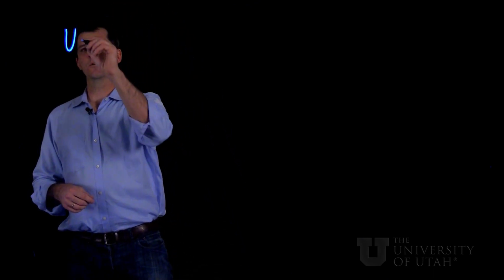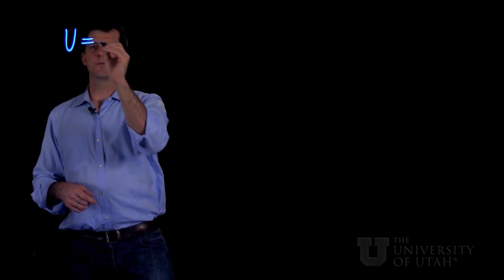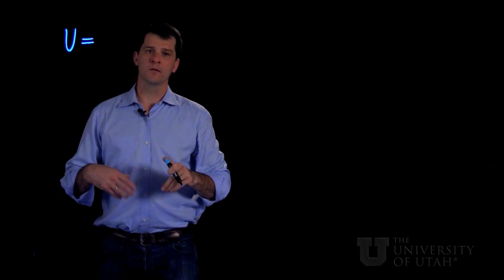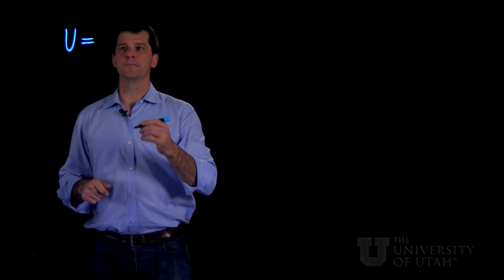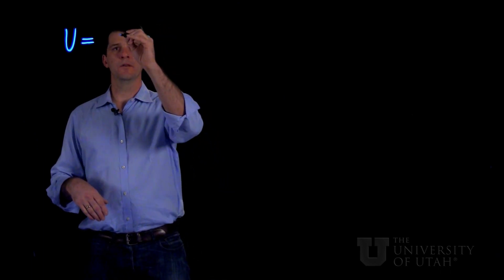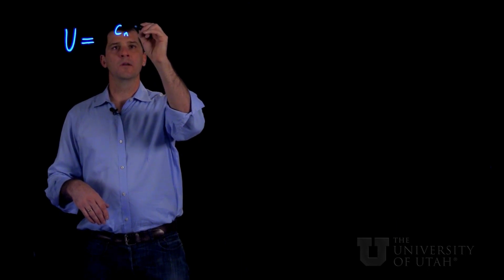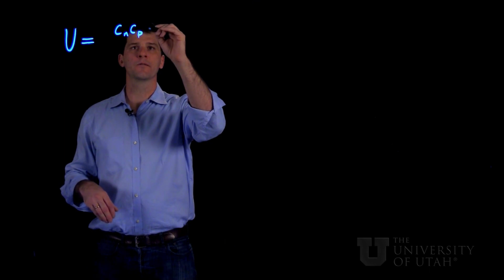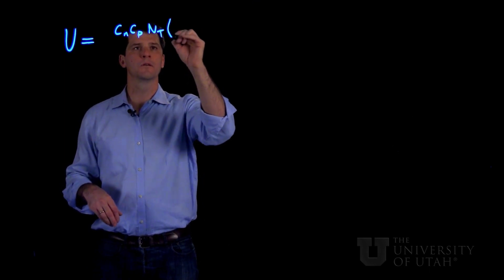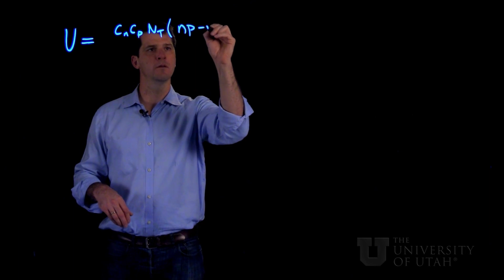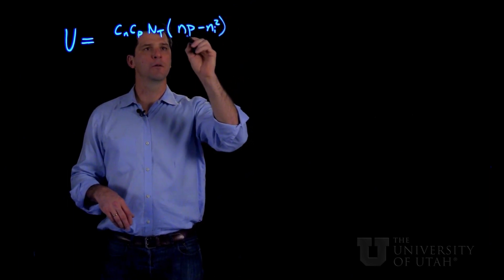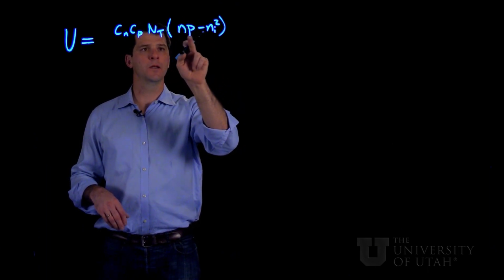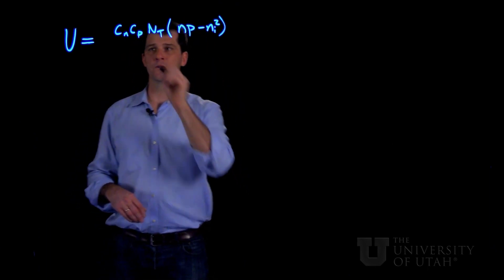We've looked before at this expression for Shockley-Read-Hall recombination, but it turns out it's also equivalent to a generation rate when the concentration of carriers is smaller than Ni squared. So we're going to assume in the depletion width that the np product is actually smaller than this, and then see what happens.